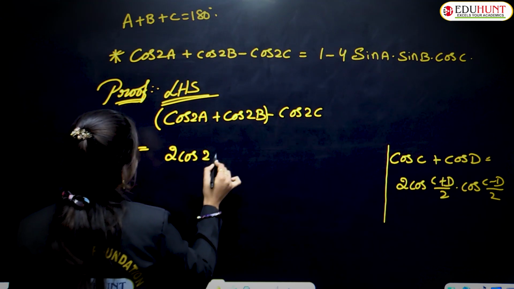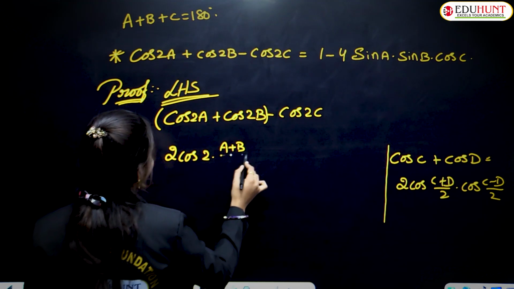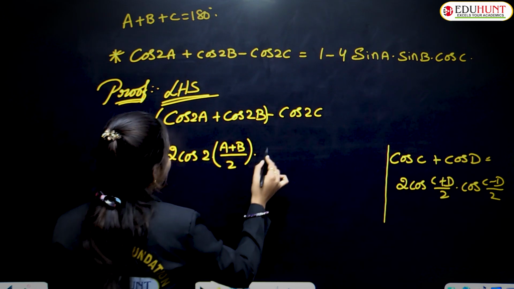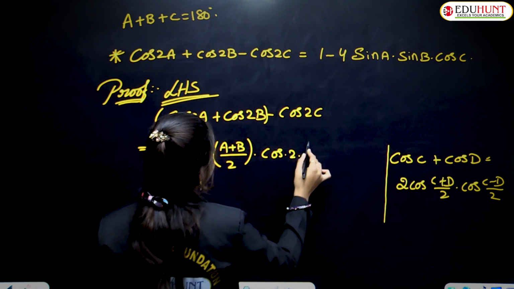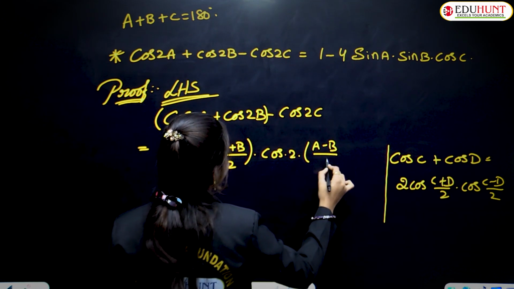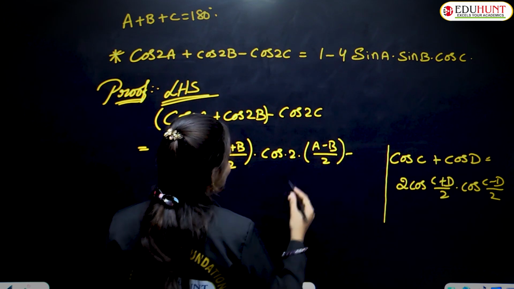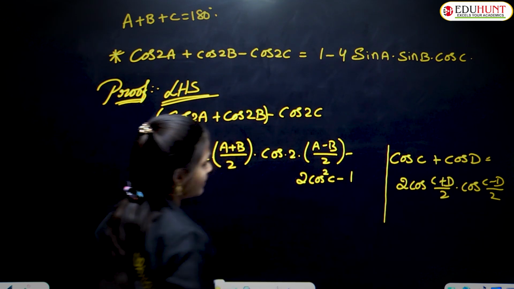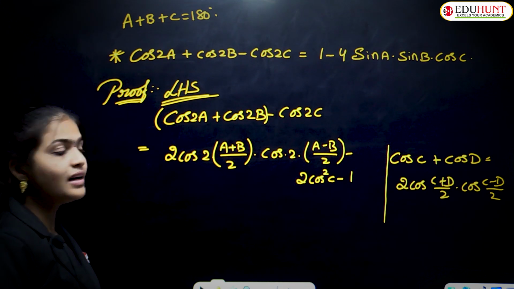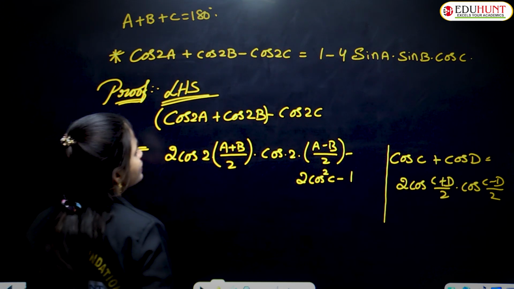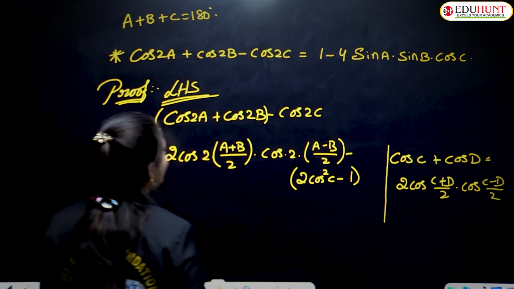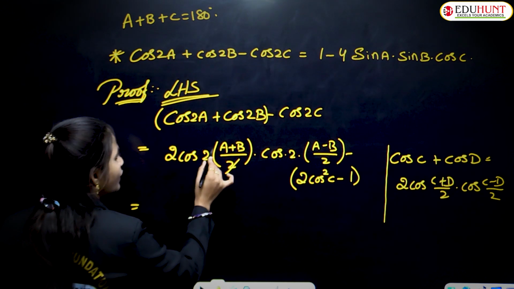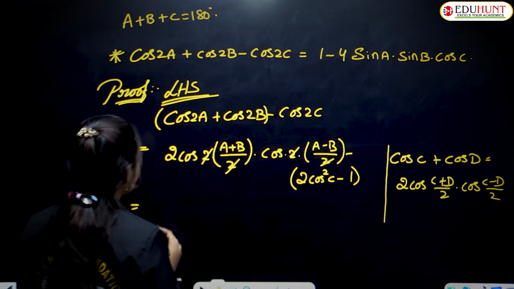2 cos of 2 into (a plus b) by 2, into cos of 2 into (a minus b) by 2, minus cos 2c. So again the cos 2 theta formula: 2 cos square theta minus 1. So here 2 and 2 get cancelled, here also 2 and 2 get cancelled.